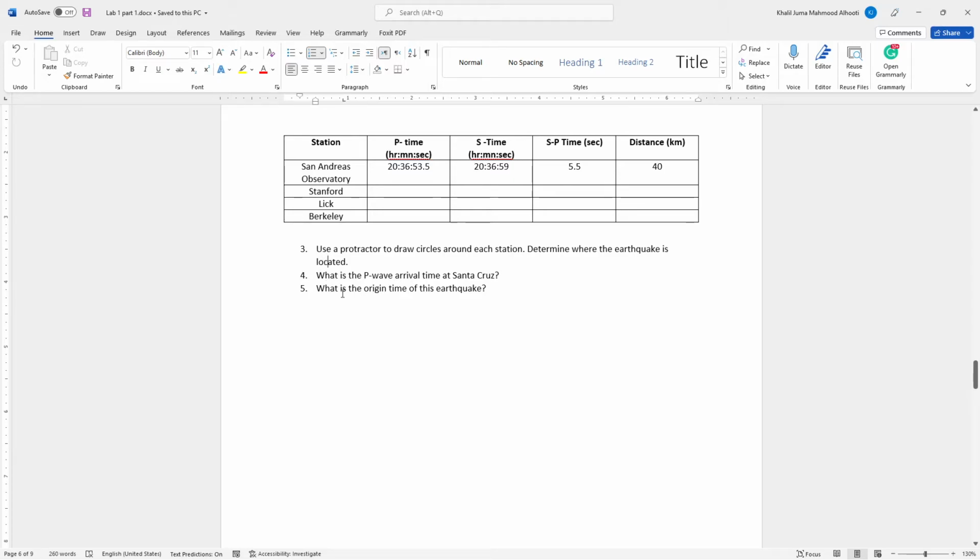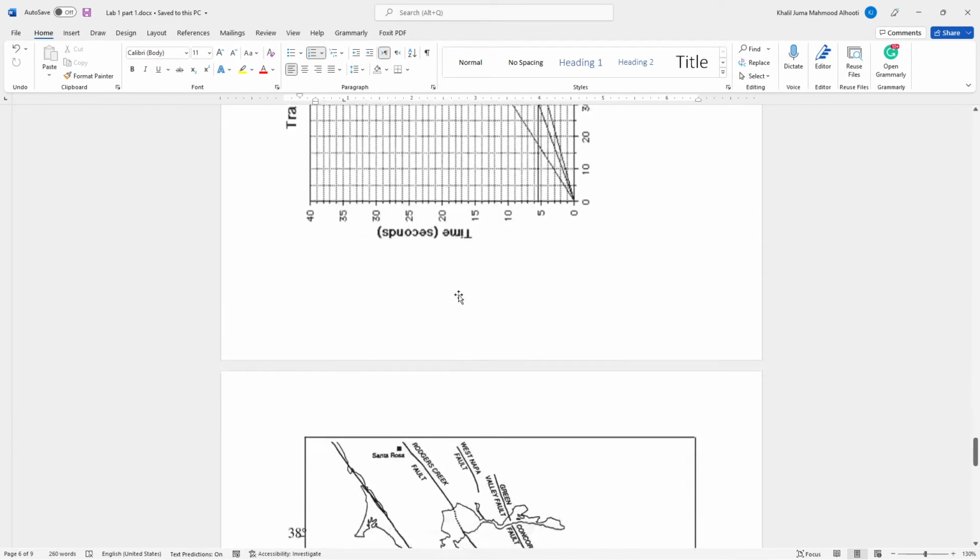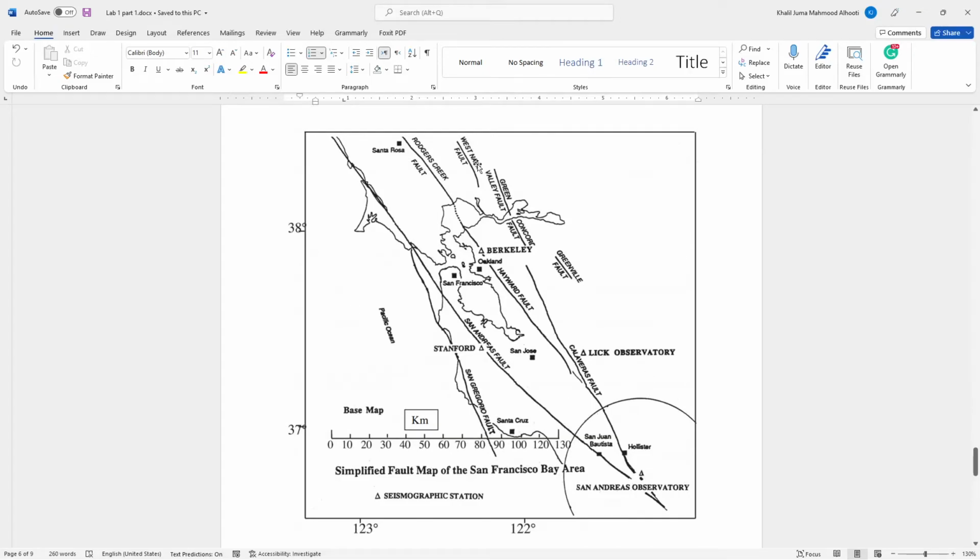Then you need to define what is the P wave arrival time at another location, some location where there is no observatory, no seismic station. So Santa Cruz is a place in the map. Try to find where is Santa Cruz.